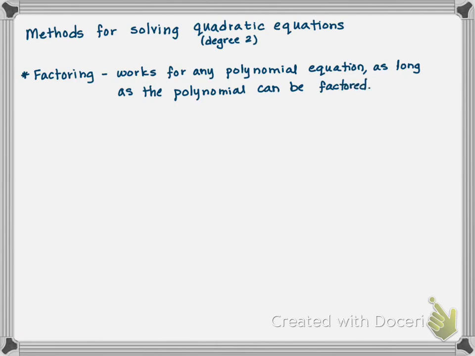And then yesterday we talked about the square root property. And when can we use the square root property? When something squared equals a constant? Yeah, when the left side is a perfect square, right?